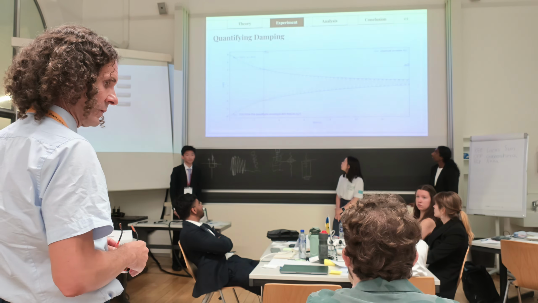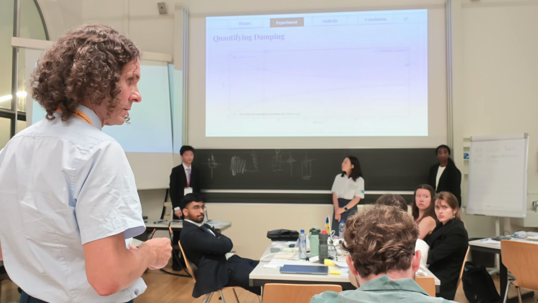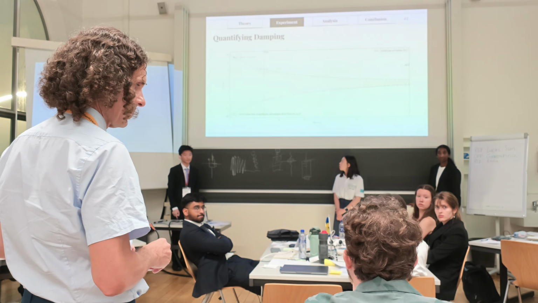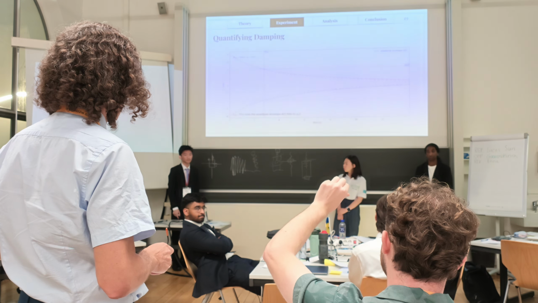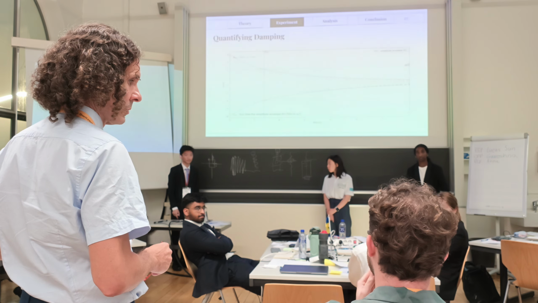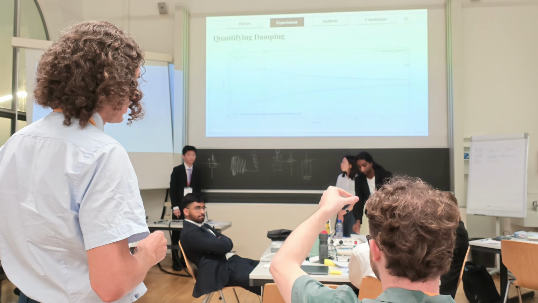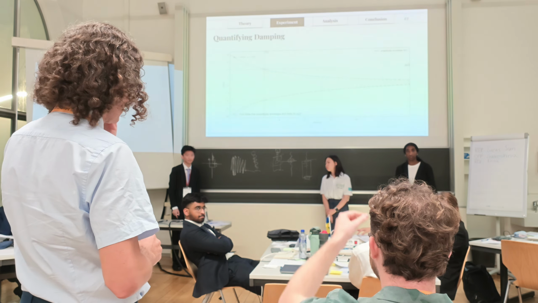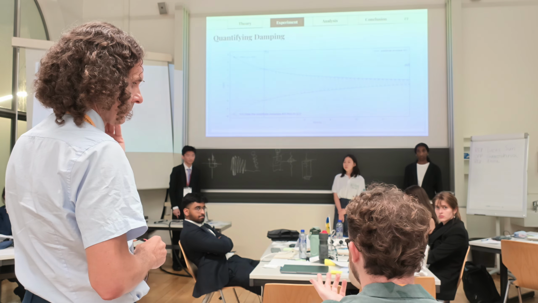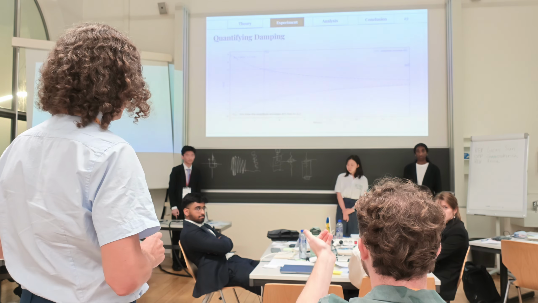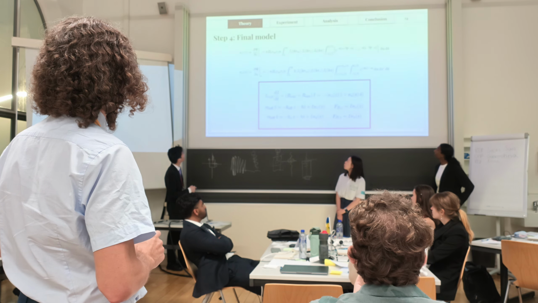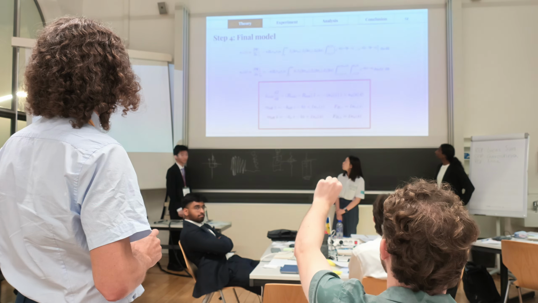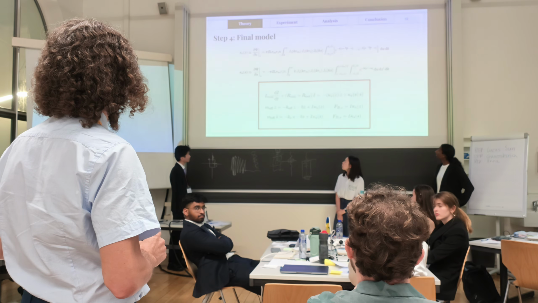Okay, here we have another one. Right. So you talked in the discussion about setting the initial condition by hand and then releasing it, and you claimed that it matters what the radial component of the magnet is. But if we go to your final model, the equations for Z and S are decoupled.